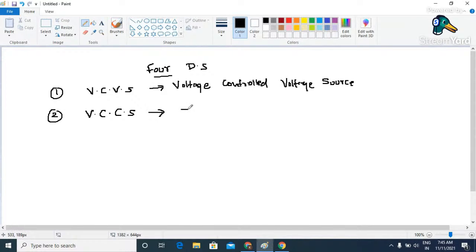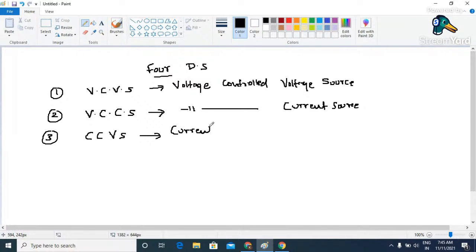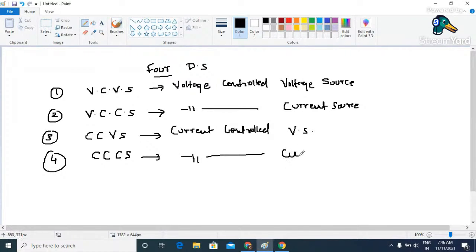So here it is voltage controlled current source. Or third is current controlled voltage source. So Cc stands for current controlled voltage source, and in the same way we may have current controlled current source. So these are the four different types of dependent sources which are normally available in any electrical circuit.